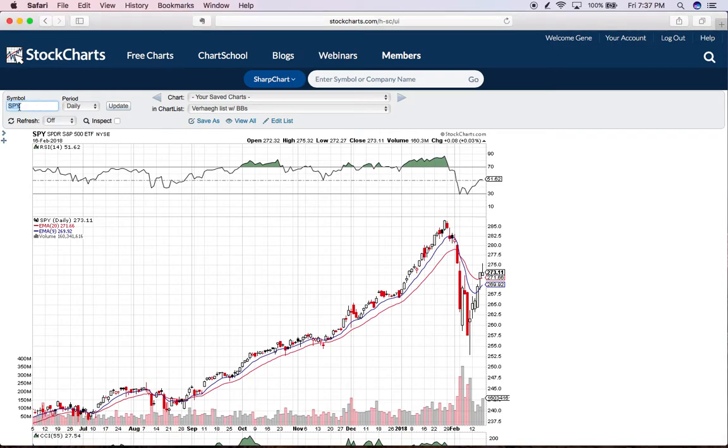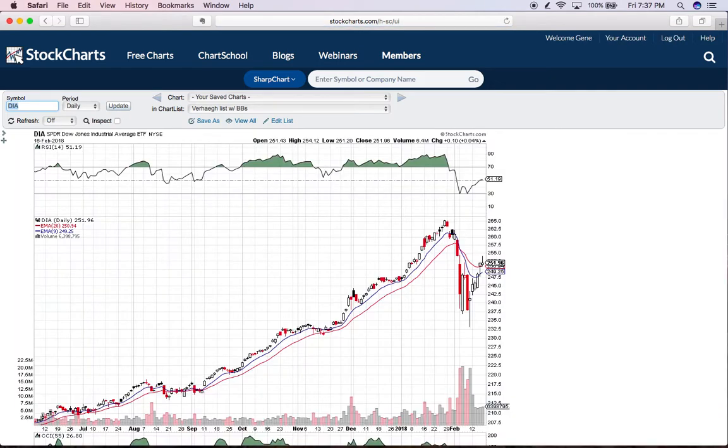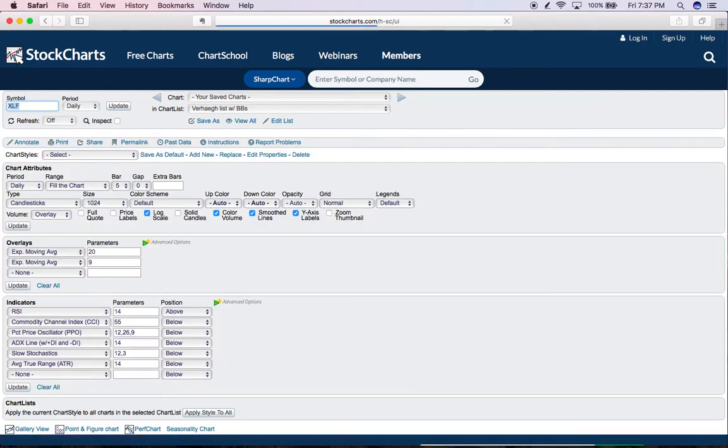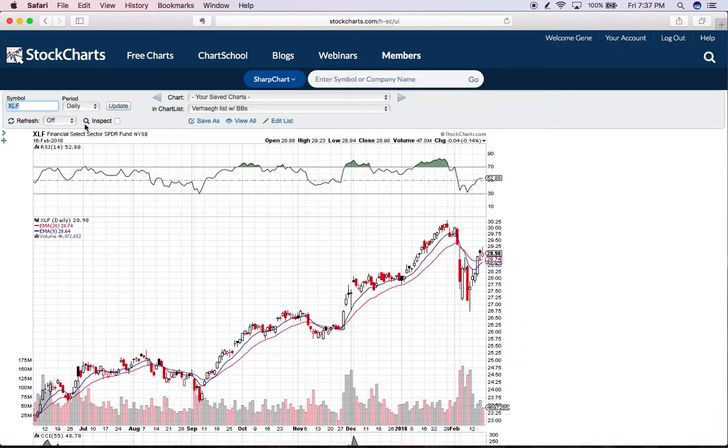The Dow Jones is the DIA, they call it the Diamonds. And this is the Dow Jones Industrial Average ETF. And you see the charts are very similar. QQQ, the Qs, follows the NASDAQ. And then some ETFs follow specific sectors, like XLF is the ETF for the financial sector.